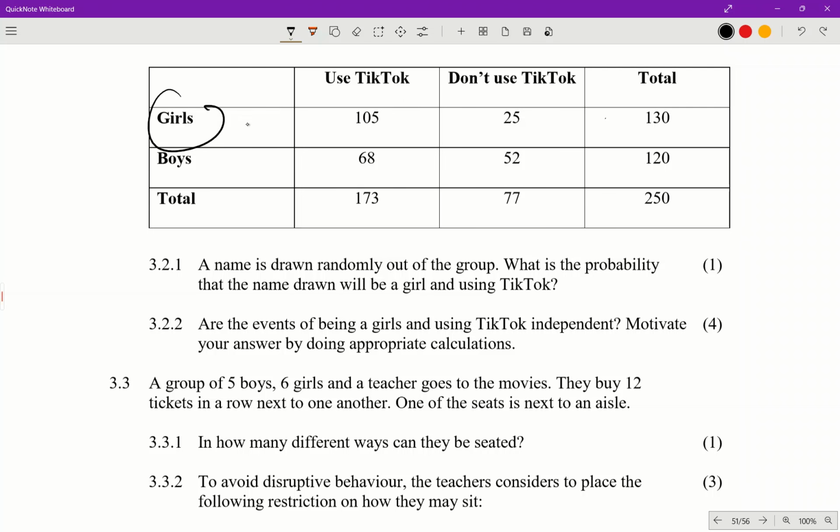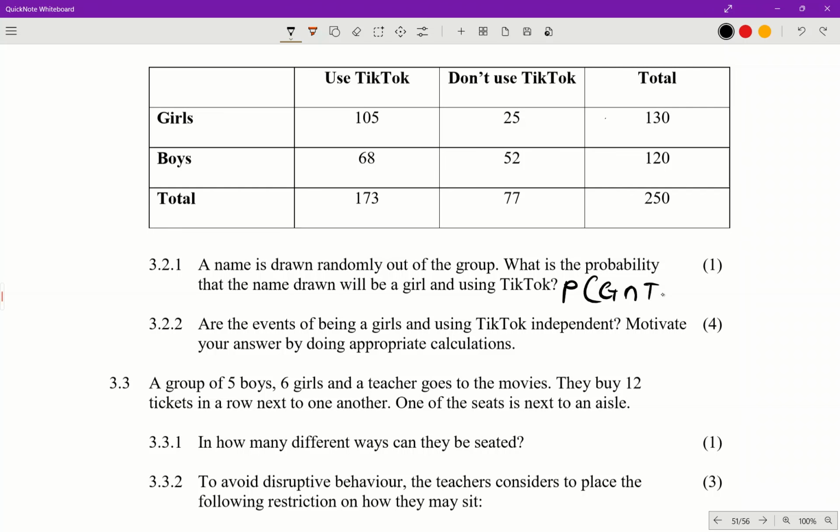That's simple. They say a name is drawn randomly out of the group. What is the probability? Probability is expressed as a ratio. What is the probability that the name drawn will be a girl and using TikTok?